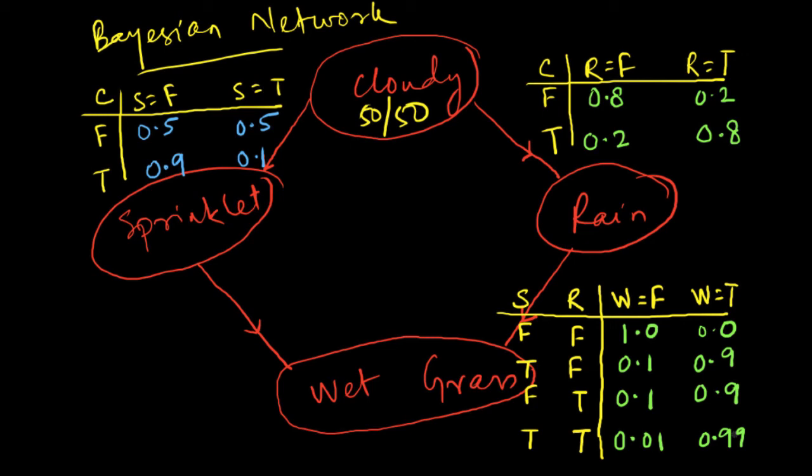To make probabilistic inferences. So let's say using this information, we want to estimate the probability of the sprinkler being on given that the grass was found to be wet.